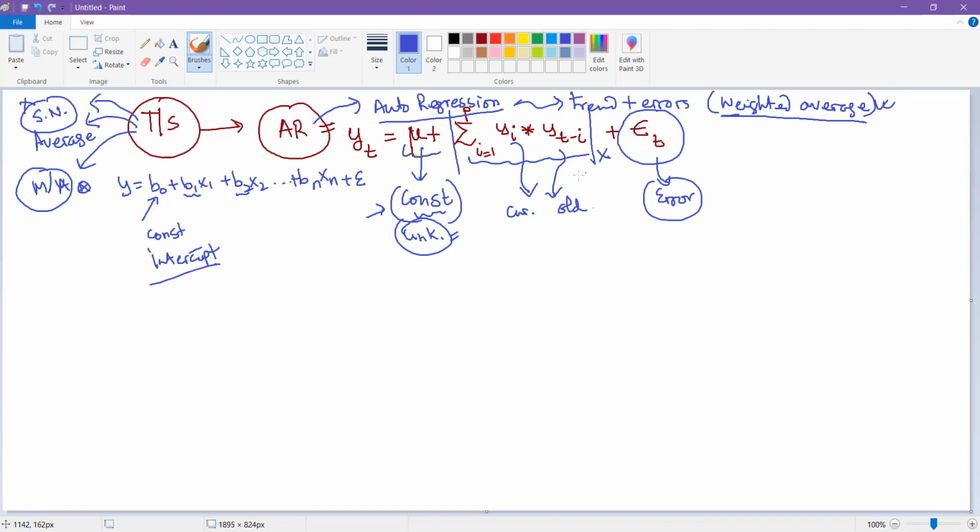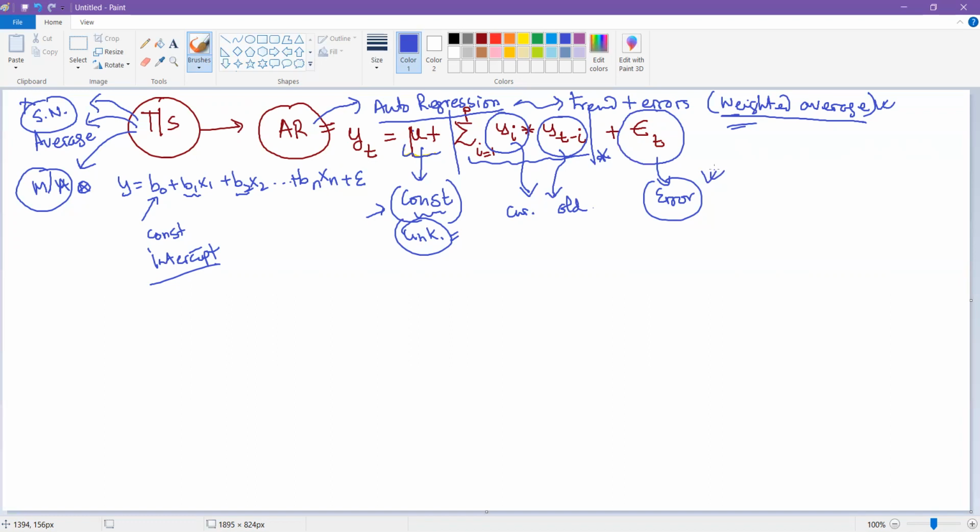So there is nothing in the denominator. That's why it's not really a direct application of the weighted average, but it takes into consideration the current value and the previous value, and also the error. So that's the first way.